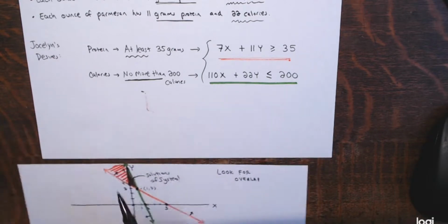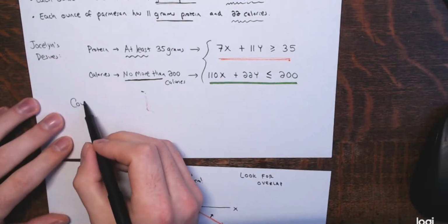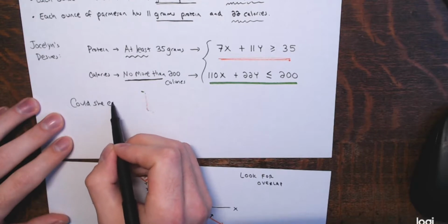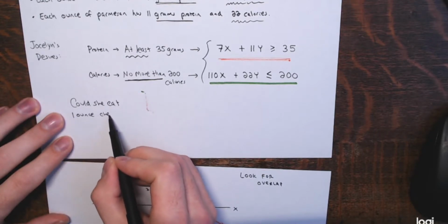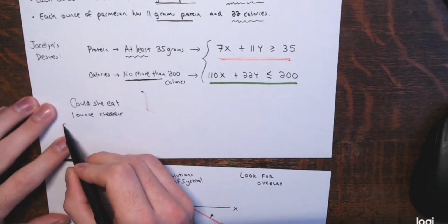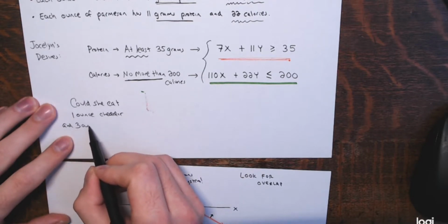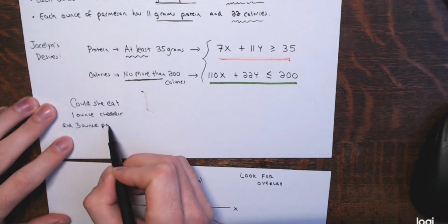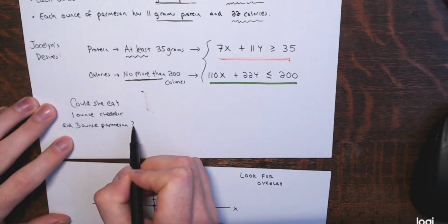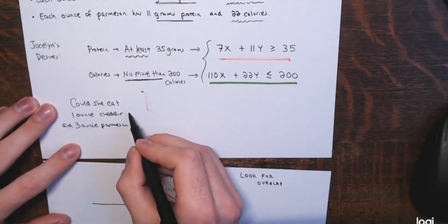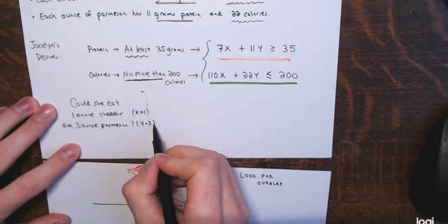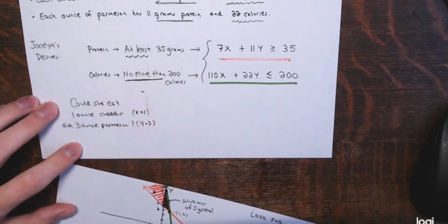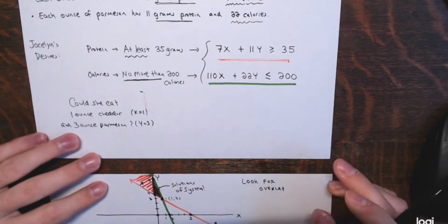The question is, could she eat 1 ounce of cheddar and 3 ounces of Parmesan? Basically, is x equals 1, y equals 3, based on my setup? x was the number of ounces of cheddar, and y was the ounces of Parmesan.